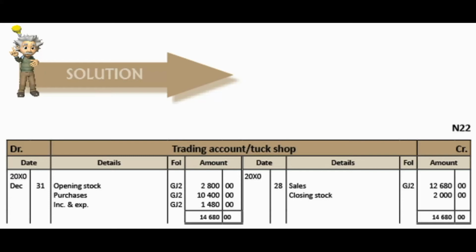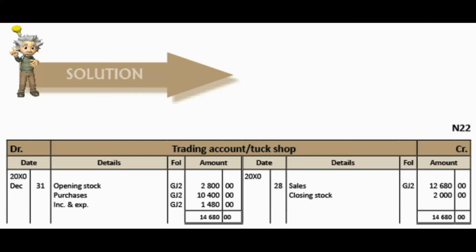And then the opening stock was 2,800. We also got that from the pre-adjustment trial balance. Remember the debit balance of 2,800. So we credit trading stock 2,800, and debit trading account 2,800.